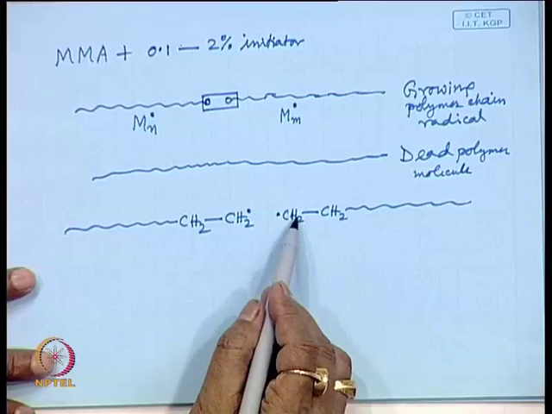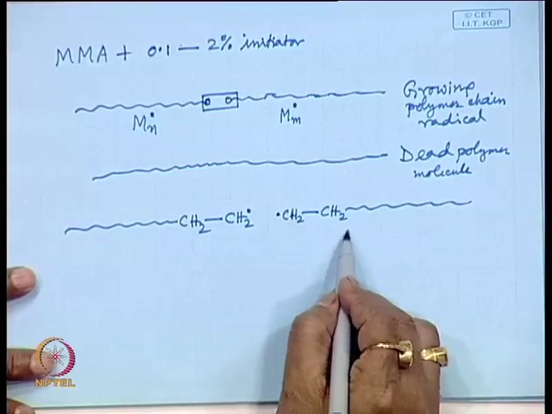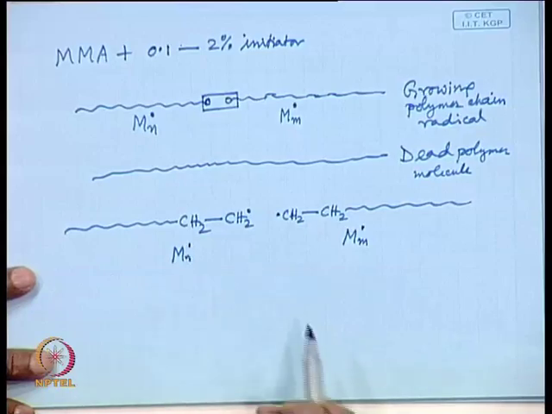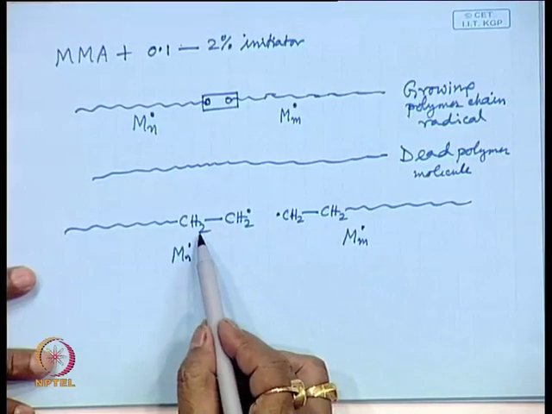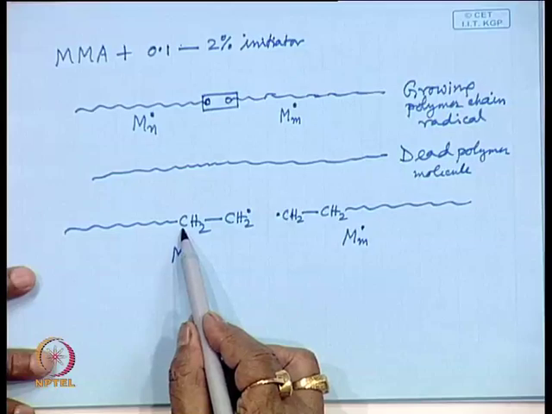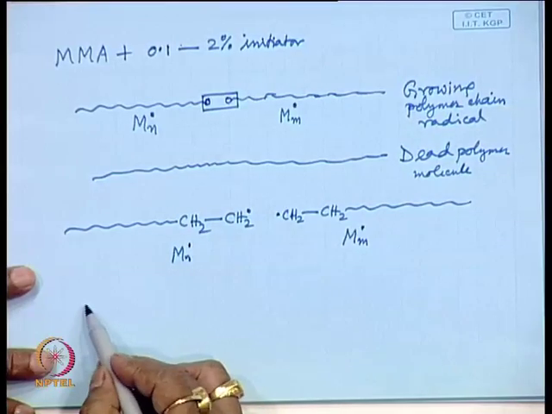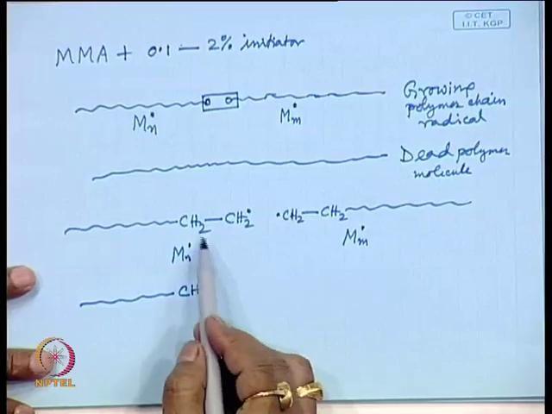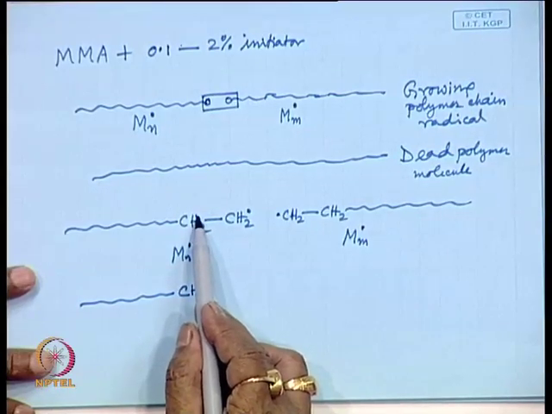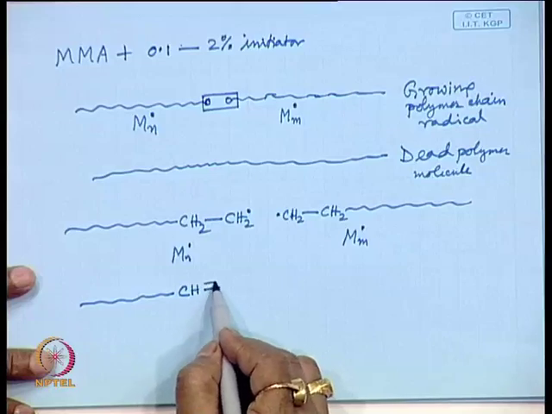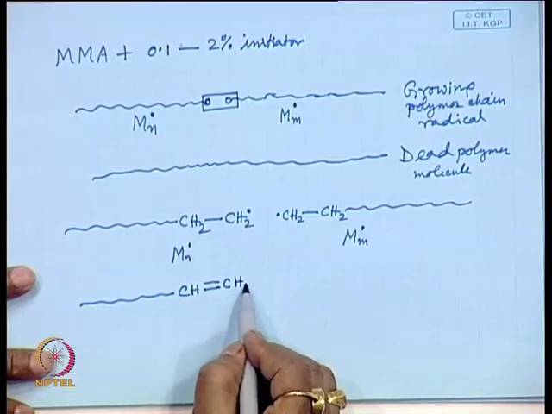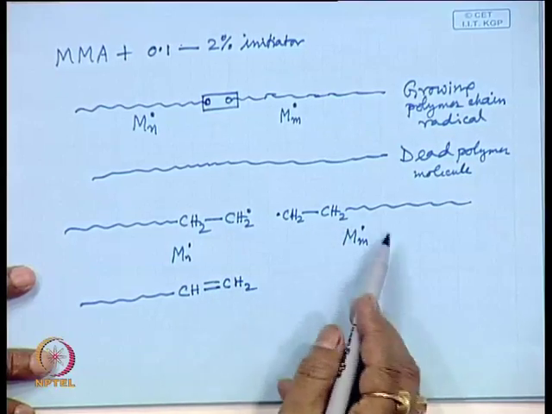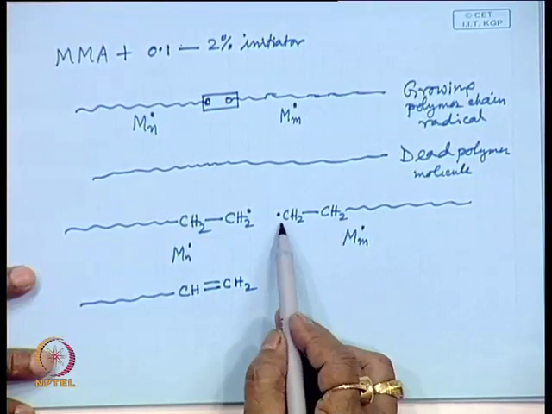Suppose this is a dot, this is a dot. This dot can abstract one hydrogen from this carbon. So, if it does that, it will be CH and here one radical will be created. So, a pi bond will be created over here and there is no longer any free radical present.